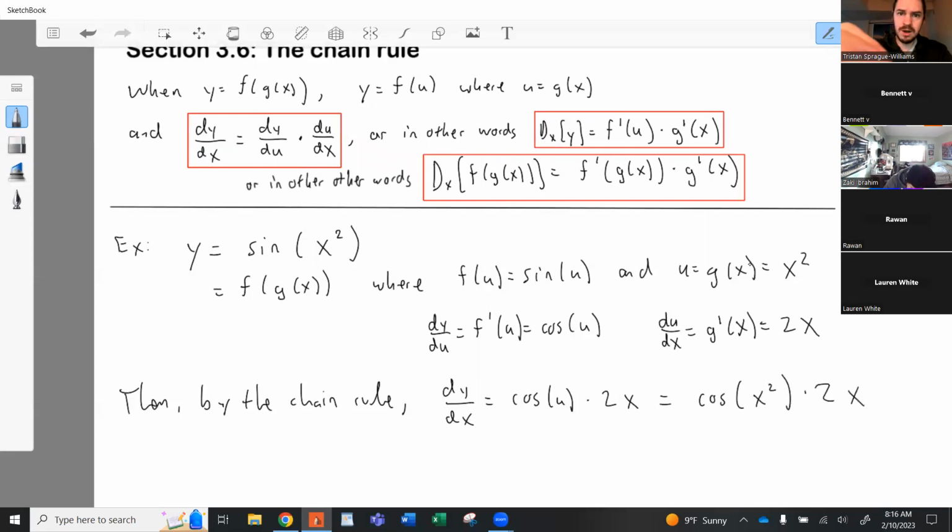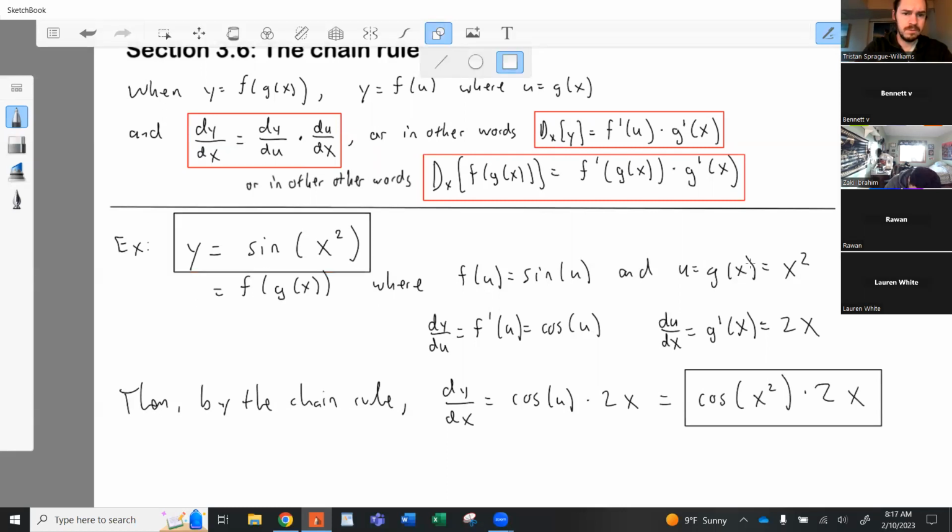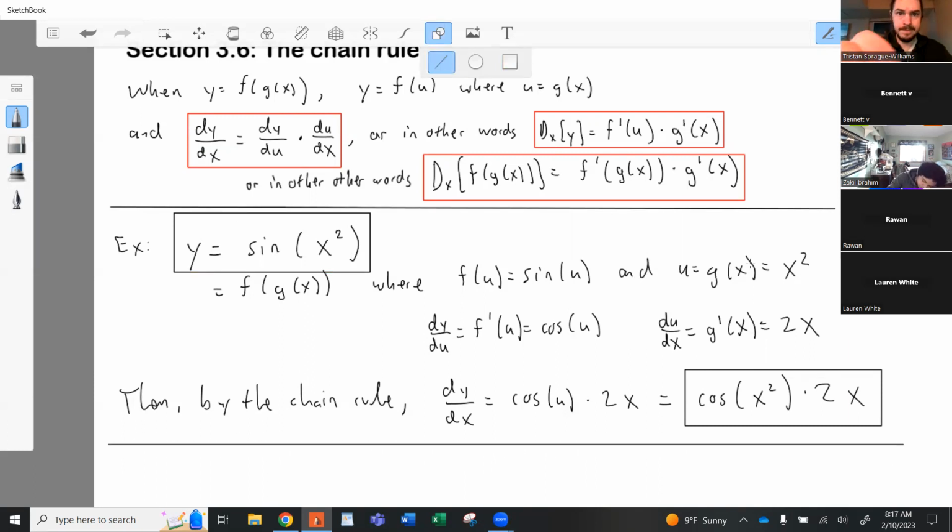And there's our derivative, right? That's the derivative of this function. Cosine of x squared times 2x. So another example.